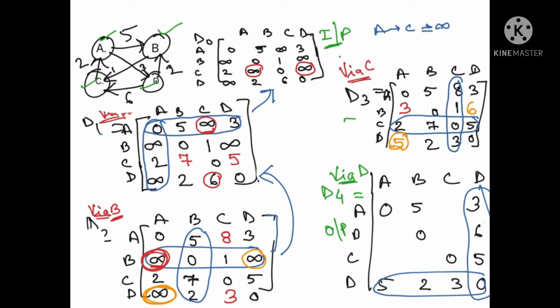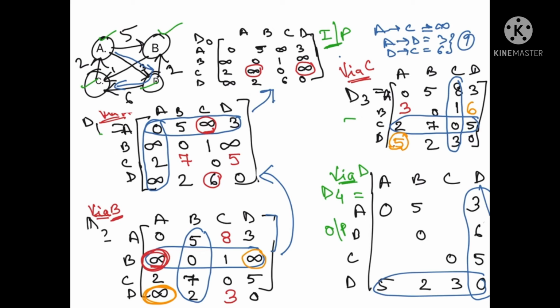Now I will go A to C via D. So A to D is 3, and then D to C is 6. So this becomes 9. Correct?